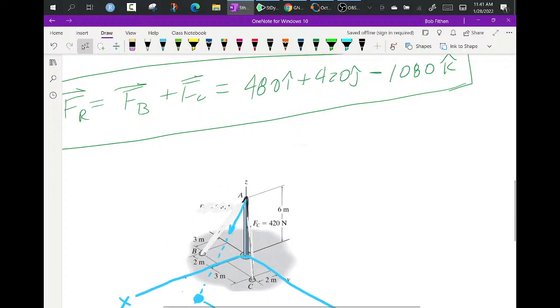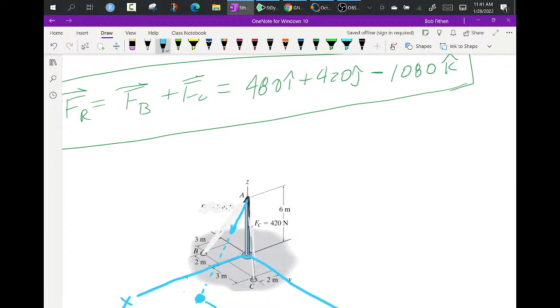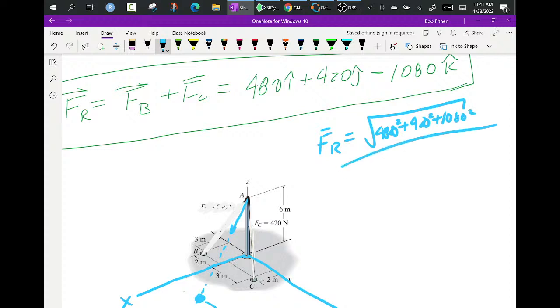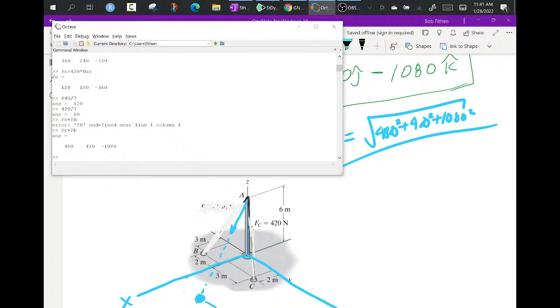Well, first of all, let's find the value of the resultant, which is equal to the square root of all those squared. 480 squared plus 420 squared, 1080 squared. Now, again, I did not label this, but now I'm going to call it FR for the resultant.